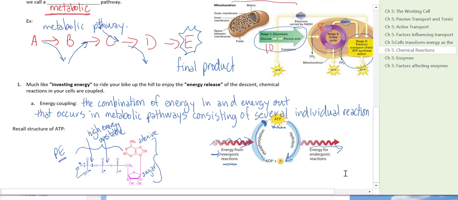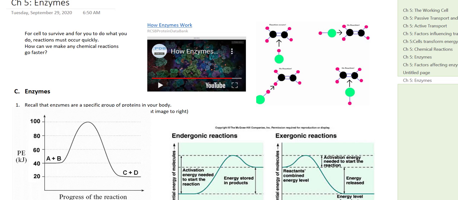Okay, moving on to our next page. All right, so at this stage in the game, we've got to start understanding the nature of the rate of chemical reactions. In order for our cells to do what they do and meet the demands of a multicellular complex organism such as ourselves, these chemical reactions have to occur quickly.